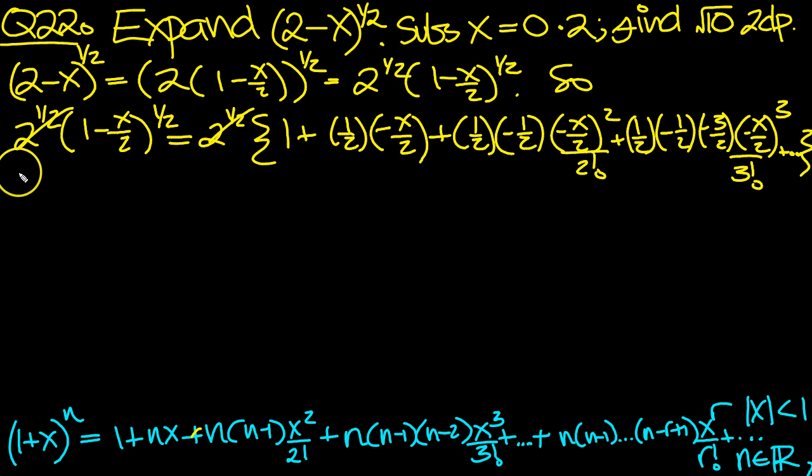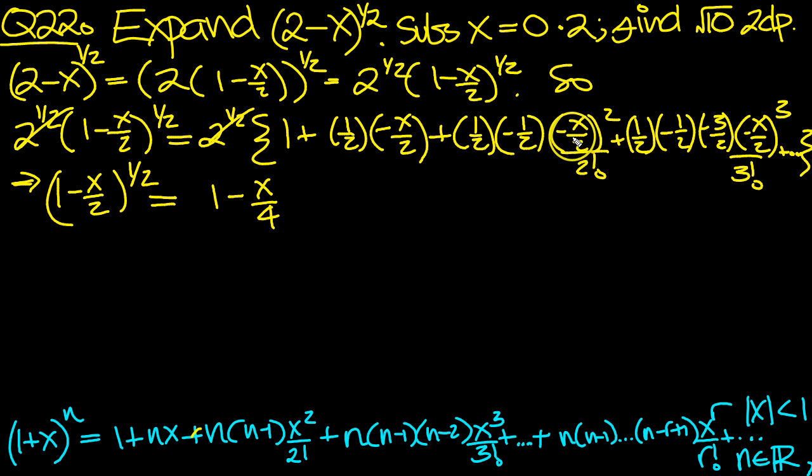So here we see that we get that 1 minus x over 2 to the power half is equal to 1. This will be minus x over 4. This one, we've got 3 minuses. We've got 2, 4, 8 times 4 is 32, so it's an x squared over 32.